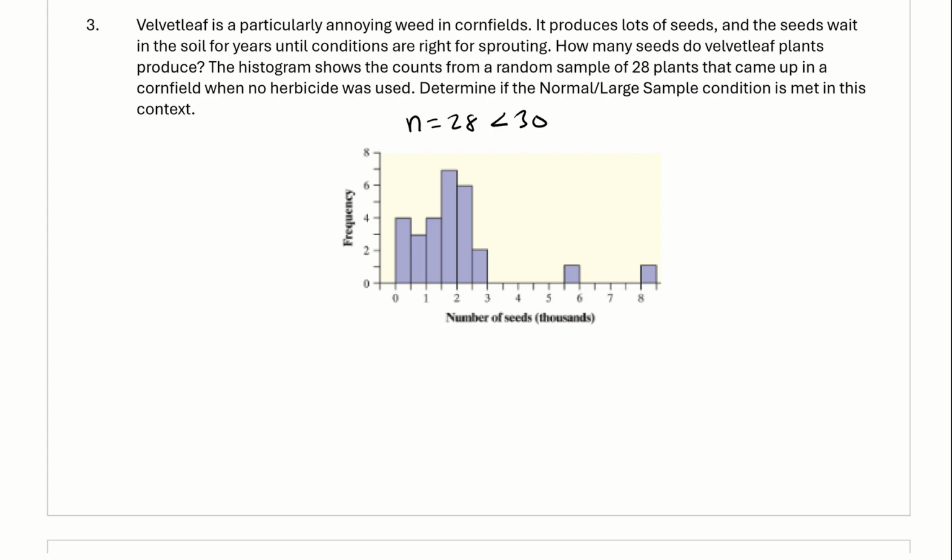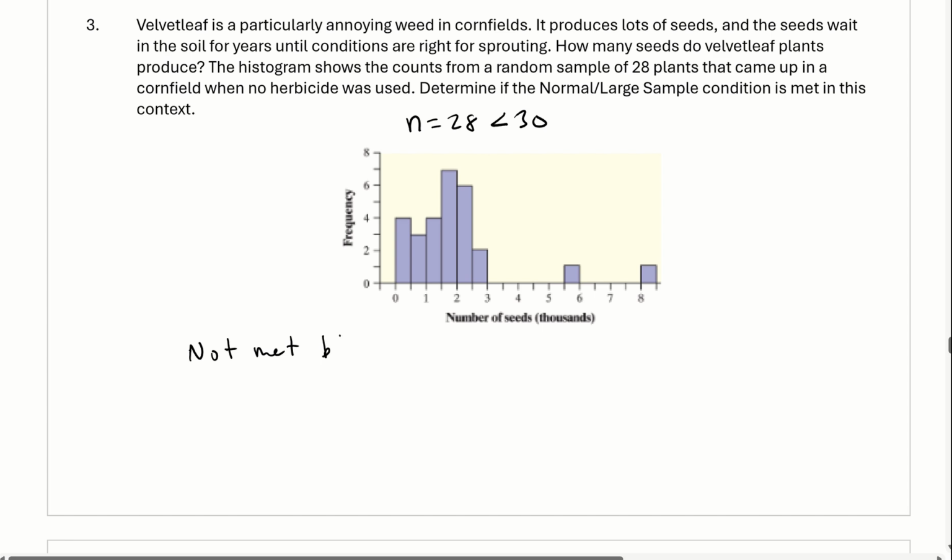That's what we want to do. So it looks like this is strongly skewed to the right, so there are outliers in the data. So we can say that the sample size is small and there are outliers in the data. So that automatically eliminates this. Okay, so we're going to say the conditions are not met.